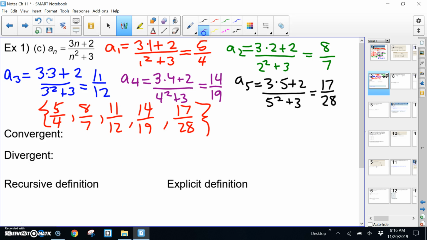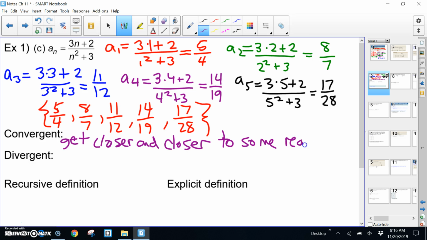Convergent. Convergent means we're going to get closer and closer to some real number.